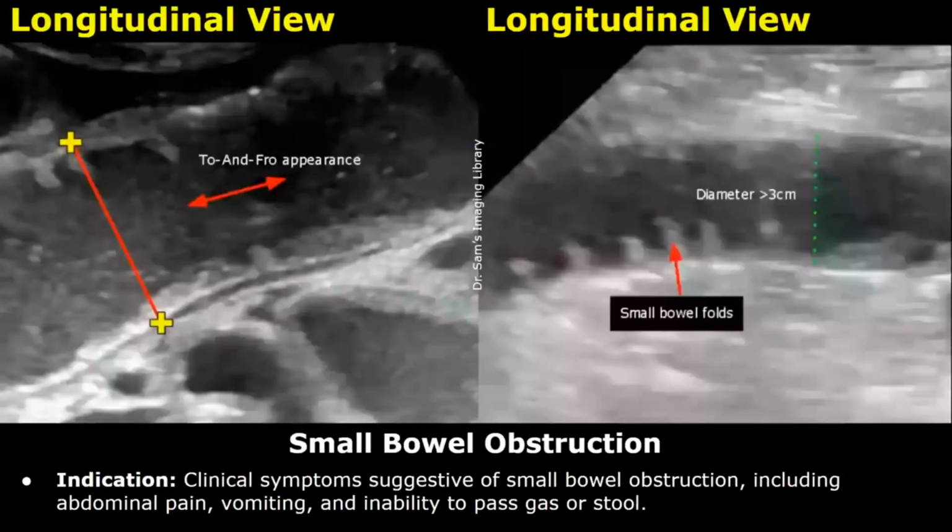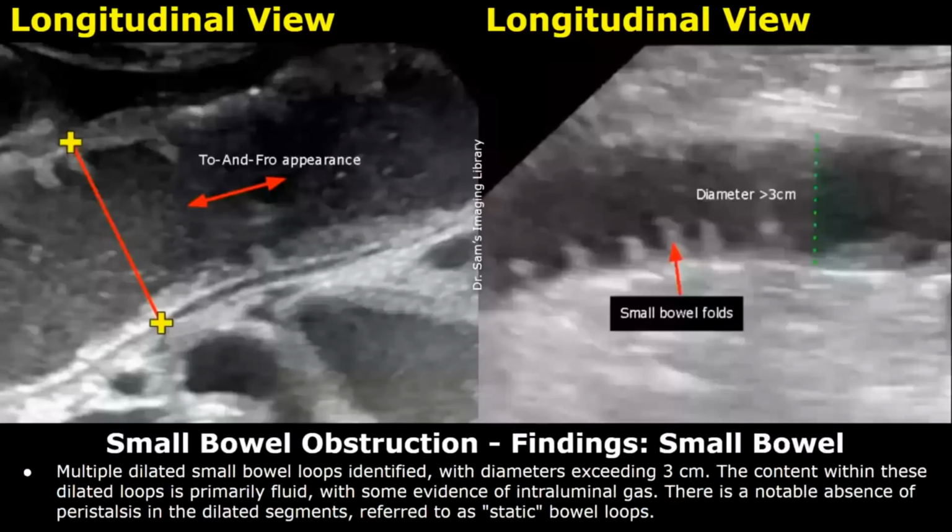This is a report for small bowel obstruction. Indication: clinical symptoms suggestive of small bowel obstruction, including abdominal pain, vomiting, and inability to pass gas or stool. These are the findings in the small bowel.